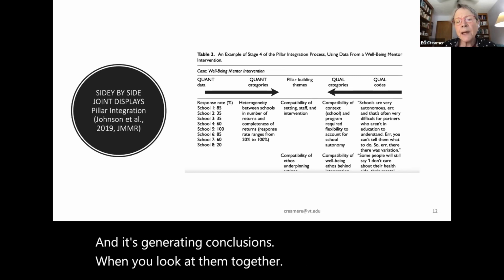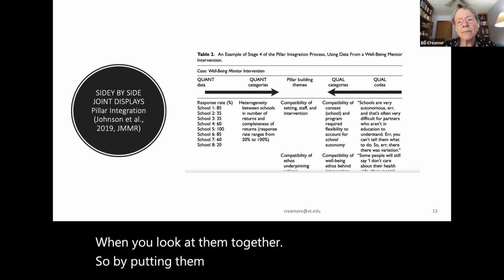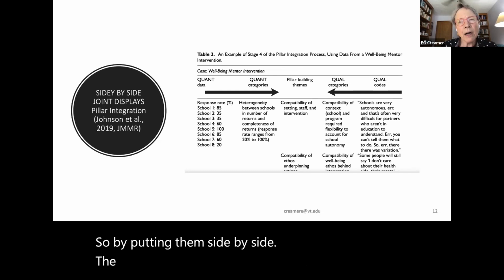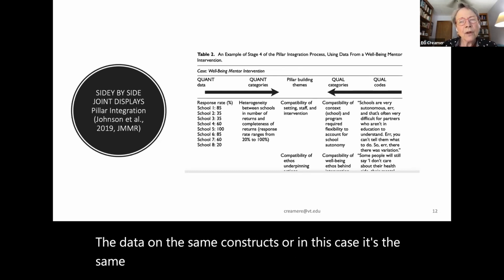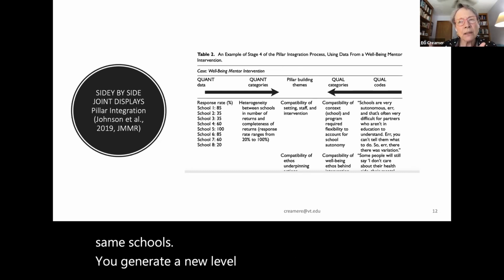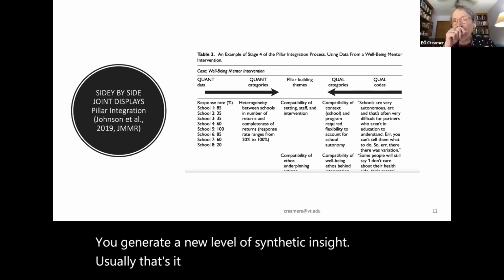So by putting them side by side, the data on the same constructs, or in this case, the same schools, you generate a new level of synthetic insight. Usually that's it, that's the end, you stop there.